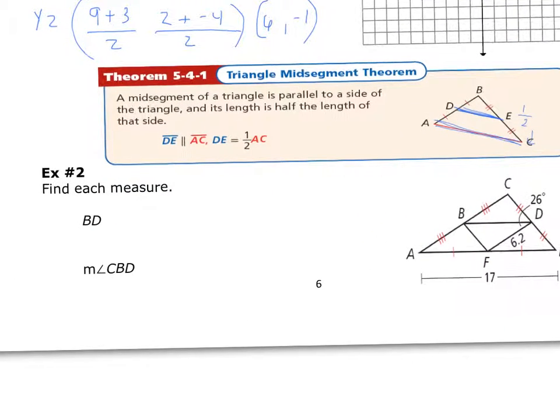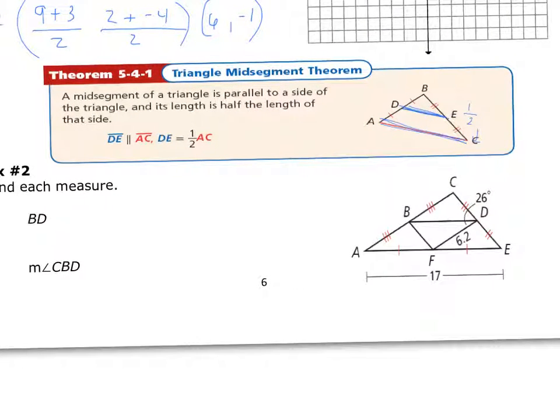Okay, so let's try an example here. The example says find each measure, and we want to find what BD is. So we want to find what this segment right here is. Well, we know that BD is parallel to AE. So, if you write this down, BD is going to equal 1/2 of AE.